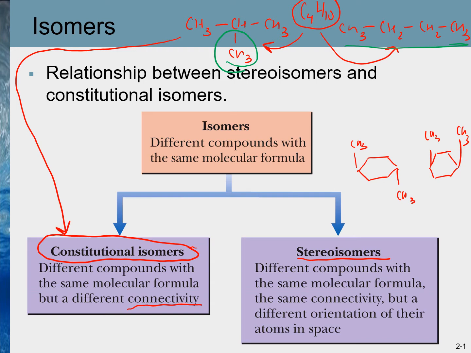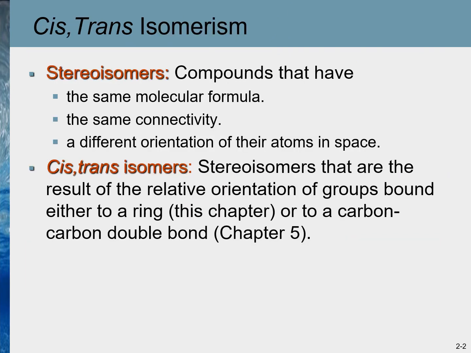Why? Because the molecular formula is same, connectivity is same, only difference is the orientation in the space. So in one case, the methyl group is oriented differently than the other. We will study stereoisomers in detail in chapter number 3.